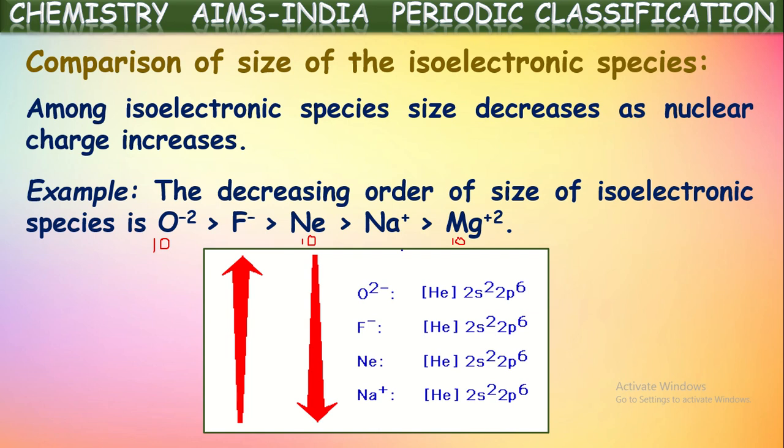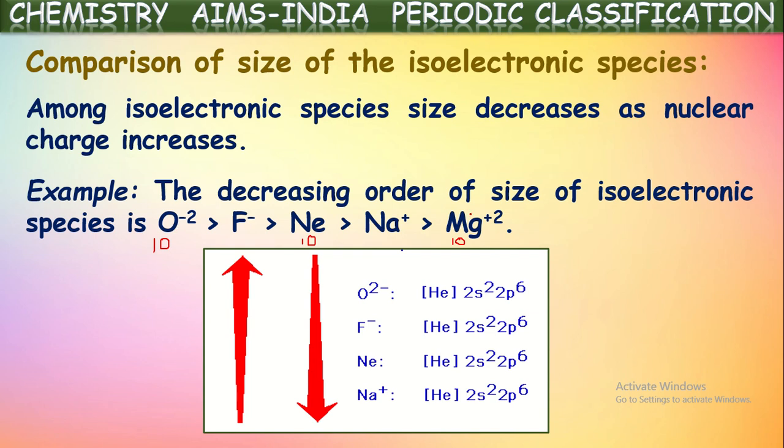In this way, these all contain same number of electrons, and hence these are called isoelectronic species. Now here, if you observe the number of protons in their nuclei or nuclear charge of these isoelectronic species, that is different. Even though they have same number of electrons, their nuclear charges are different.